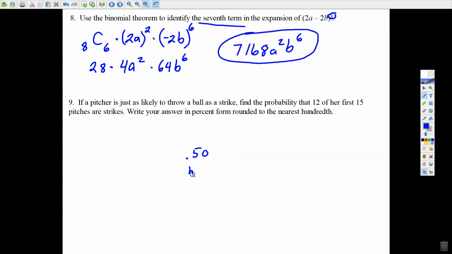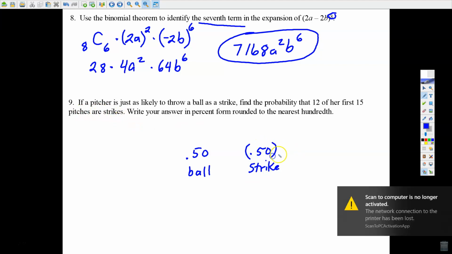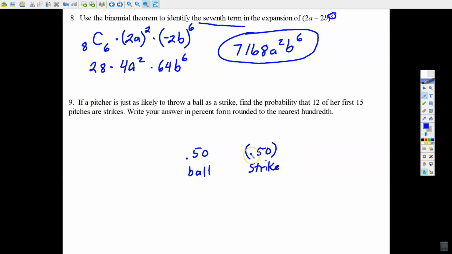So I'm just going to call, doesn't really matter which one you pick, 50% that he's going to throw a ball, 50% that he's going to throw a strike. So the problem wants us to find the probability that 12 of her first 15 pitches are strikes. All right, so I'm going to raise the strike percentage to the 12th power because it says the likelihood that 12 are strikes.